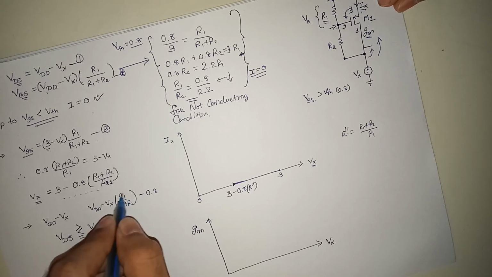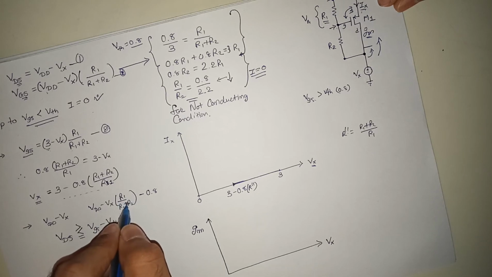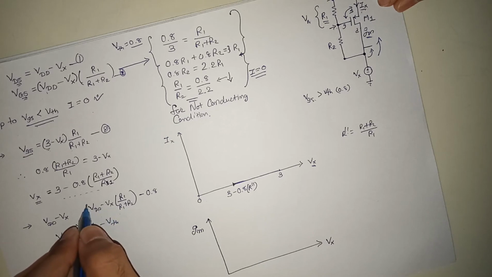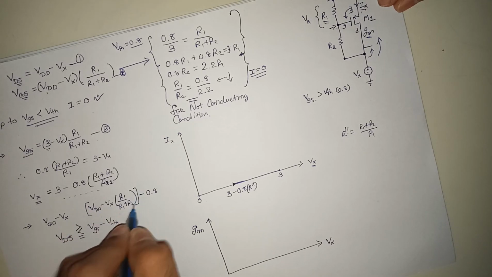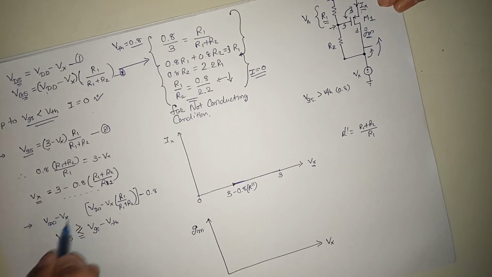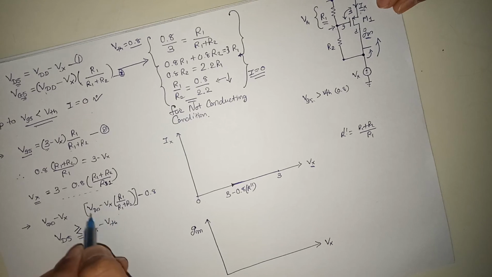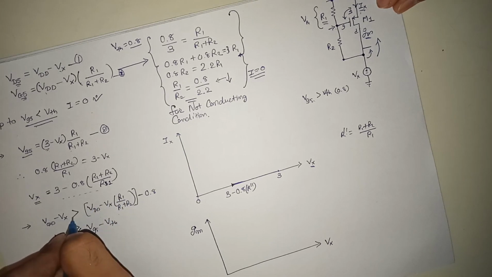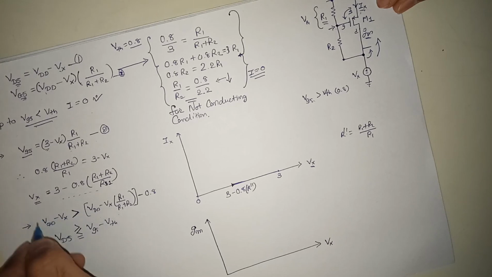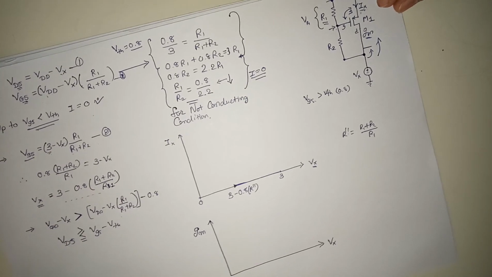This ratio will always be less than 1, because R2 is added in the denominator, so this whole value will be lower than this value, and something is being subtracted from that particular value. So this part will always be greater than this.